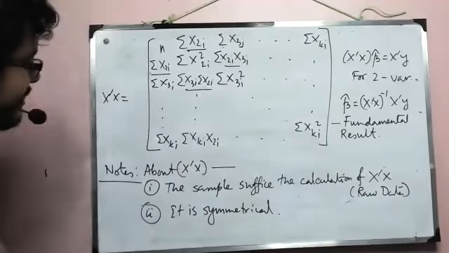And then you have X transpose X. Now we have space to write them. So it will be 1, 1, and so on, and that will be X1, X2, X3, and Xn, right? So sample size is n.